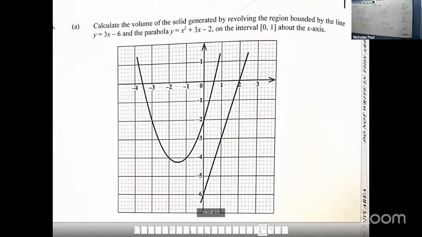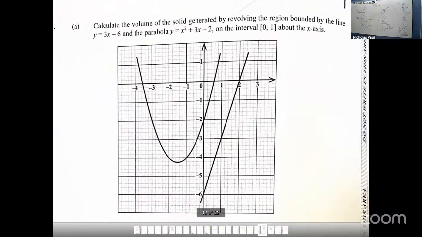Calculate the volume of the solid generated by revolving the region bounded by the line and the parabola about the x-axis. Same formula. All you have to do is figure out which produces the larger volume and then subtract. Which will produce the larger volume between 0 and 1?